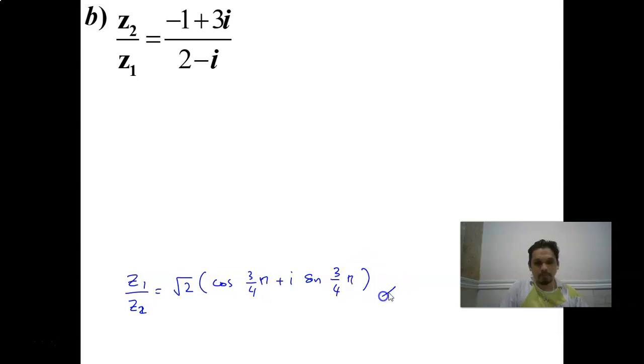There you go, this is your final answer. So try by yourself, see whether you can get the same answer as given here or not.